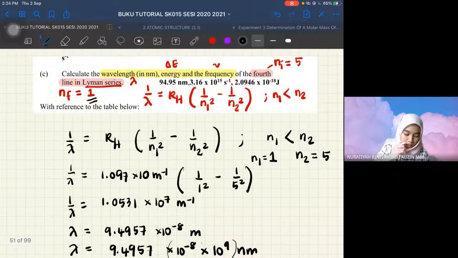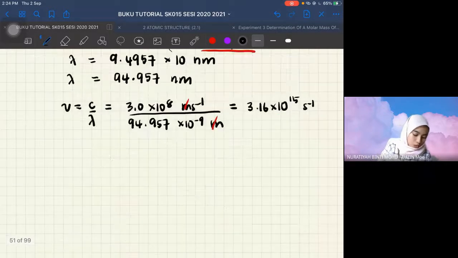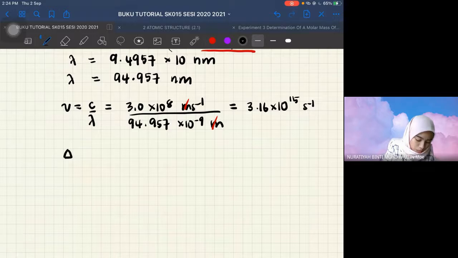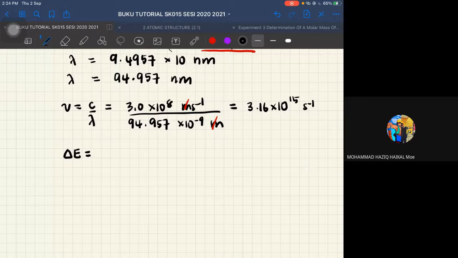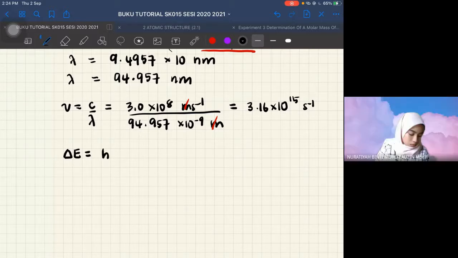Next, we want to find our delta E. So what formula can we use from the information we have calculated? H nu, or HC over lambda.